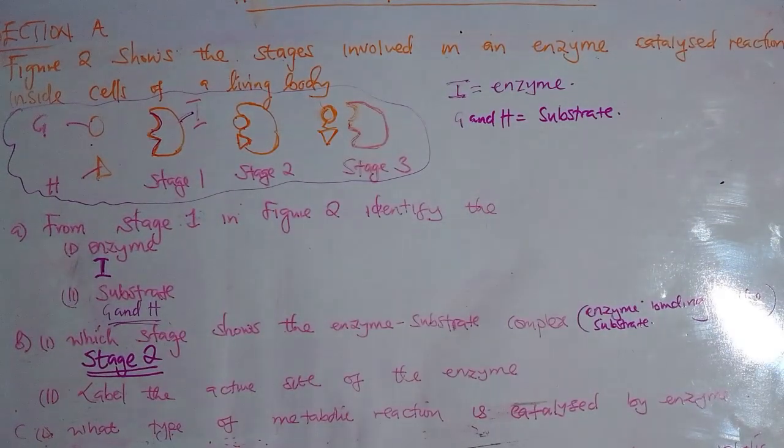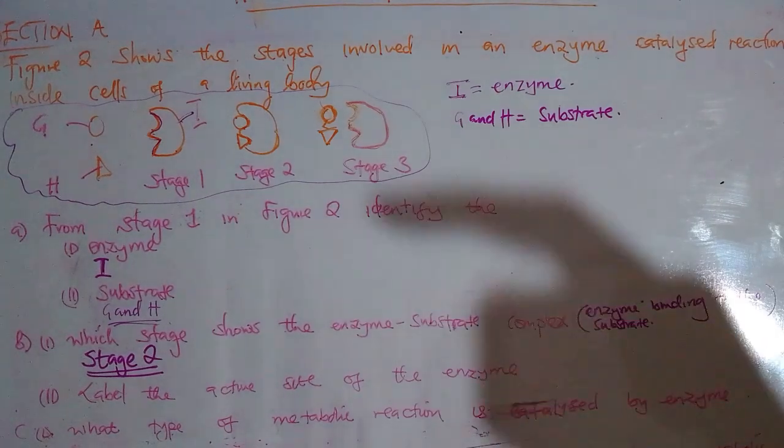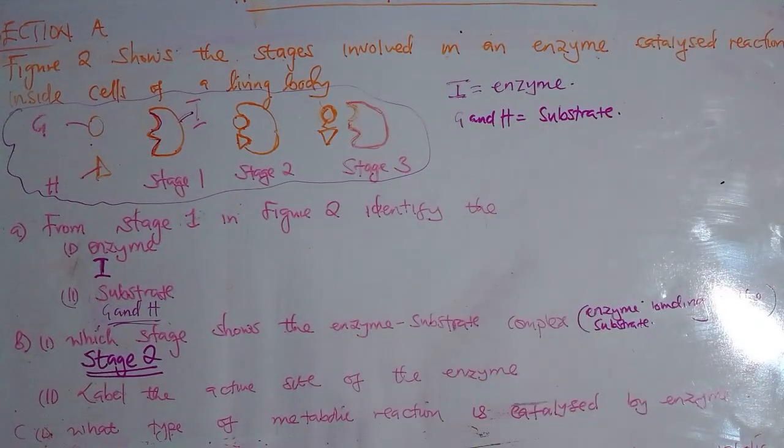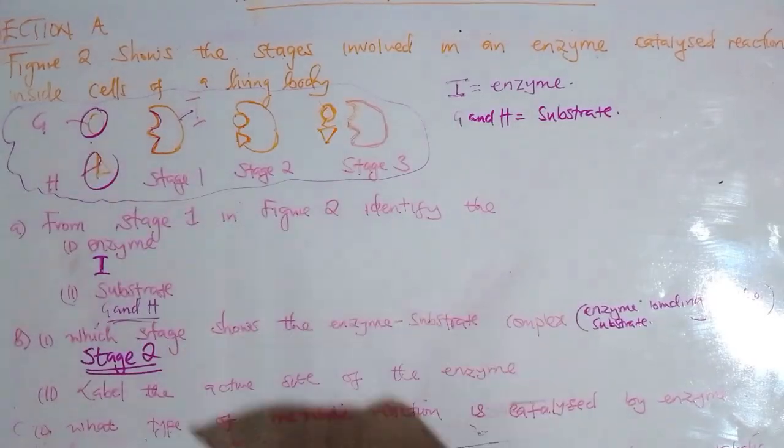Yeah. The third question is saying label the active site of the enzyme. So what is the active site before we label it? So the active site is basically the site where the substrate binds. So we have these two substrates, a circle and a triangle.